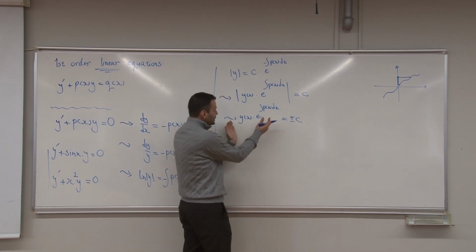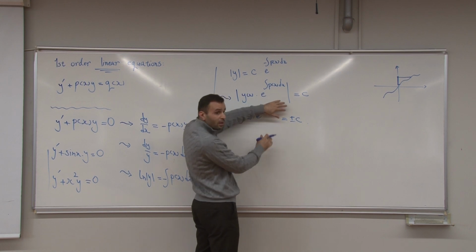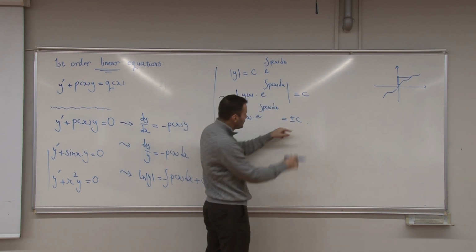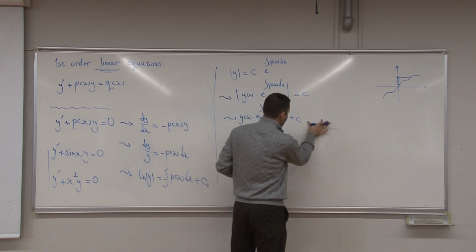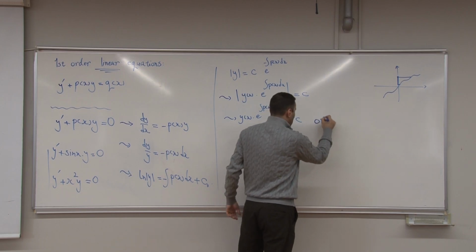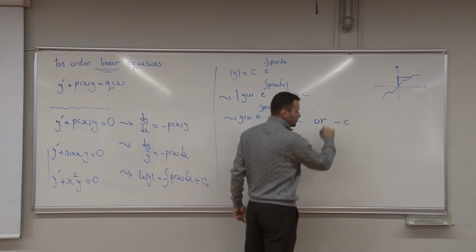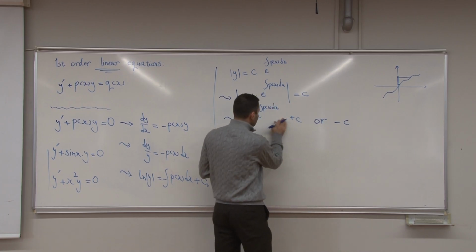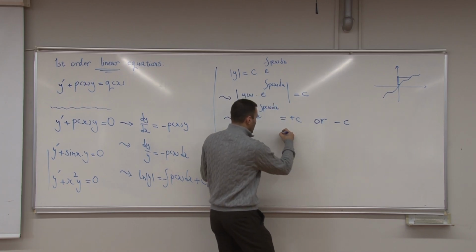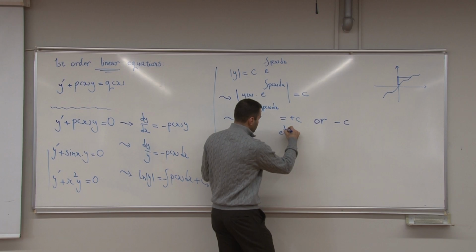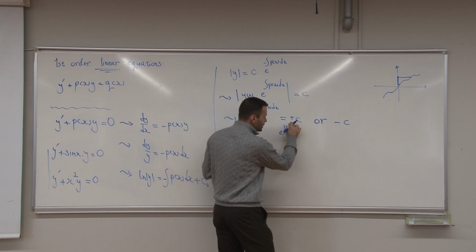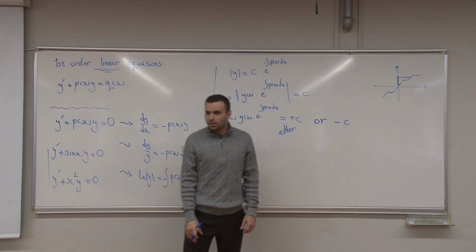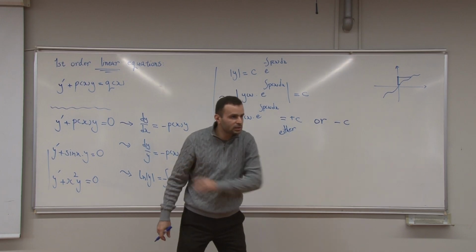Which means that this function itself must be completely equal to c or minus c. Completely this one or completely this one.